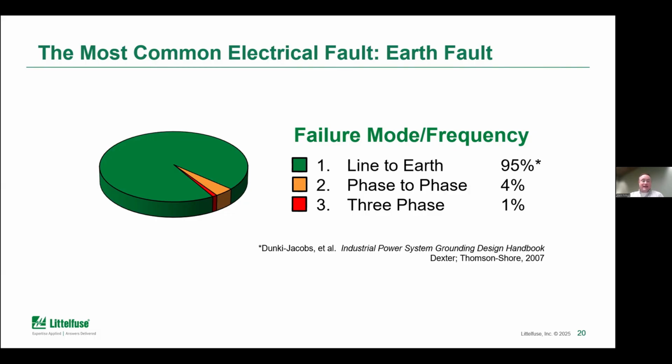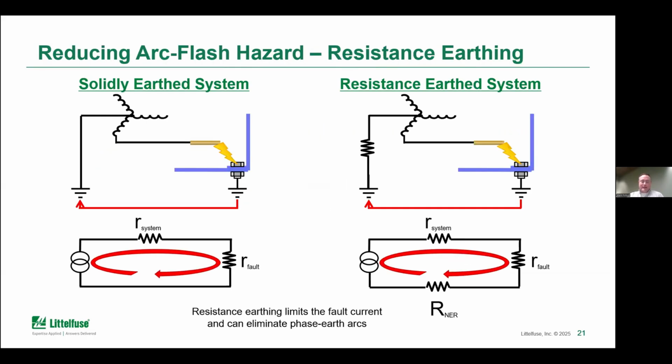And this is really by design. Now, if you think about that, if you have a system that is solidly earthed, so you have a secondary of your transformer that has an earth connection on the neutral, when you have a phase to earth fault, like we're showing here in the slide, the current for that fault is really only limited by what the transformer can put out, the transformer impedance, as well as the resistance that's in that fault.